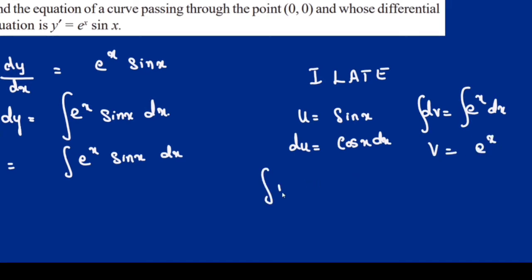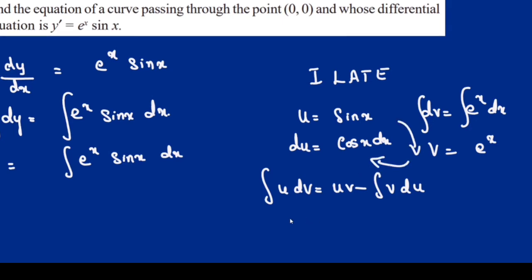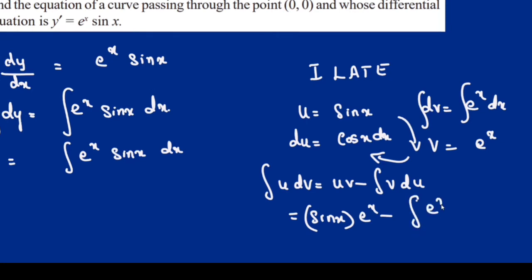So what is integration by parts? Integral of u dv is uv minus integral of v du. That is equal to sin x into e power x minus integral of e power x into cos x dx.